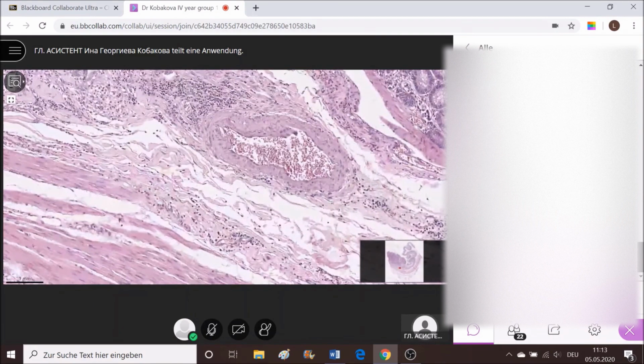Where does this tumor most often metastasize to?